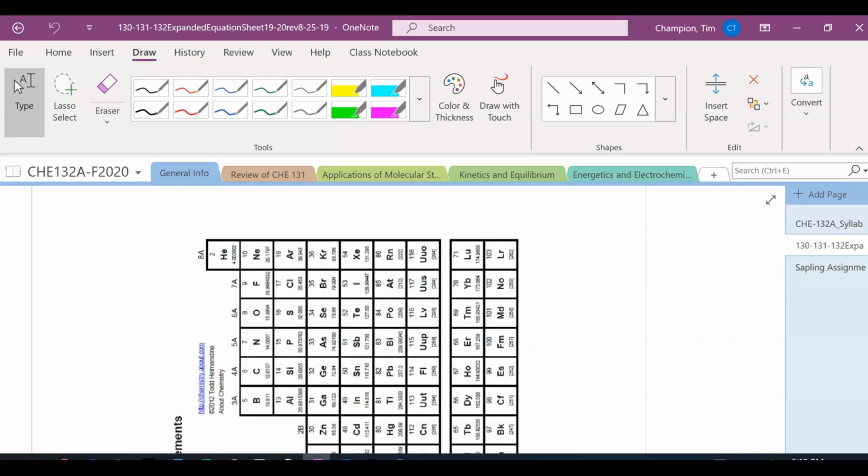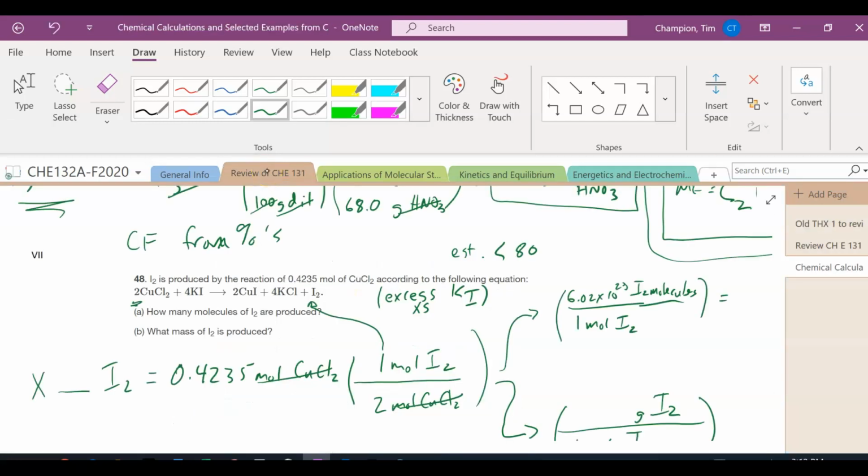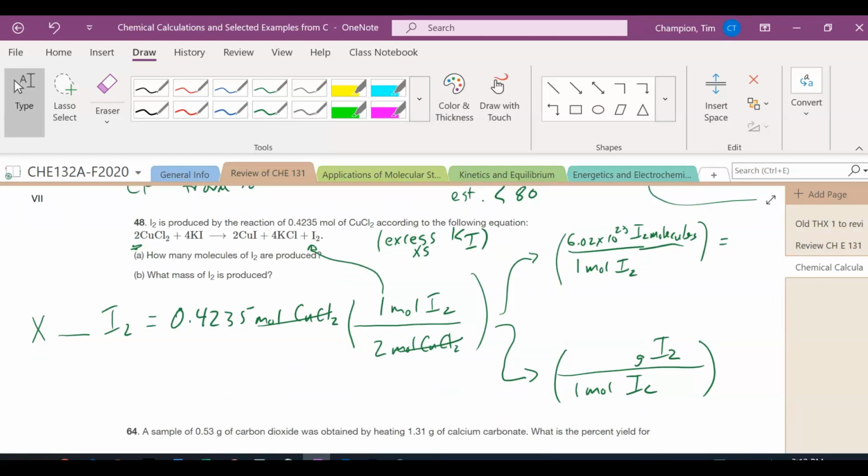But that looks like 126.9, basically 127. So I'll go back to review of Chem 121. So 127 times 2, that's going to be 254 grams of I2. And so that'll give me grams of I2. That one will give me molecules of I2.